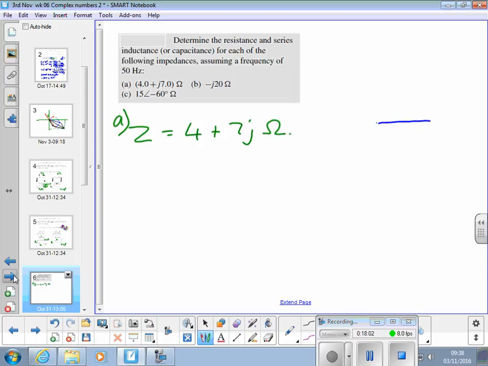Going 4 in that direction, going 7 up there. So that's that green vector there, 4 plus 7j ohms. You all agree and understand that?